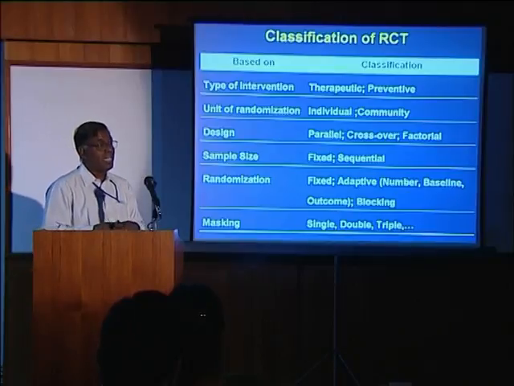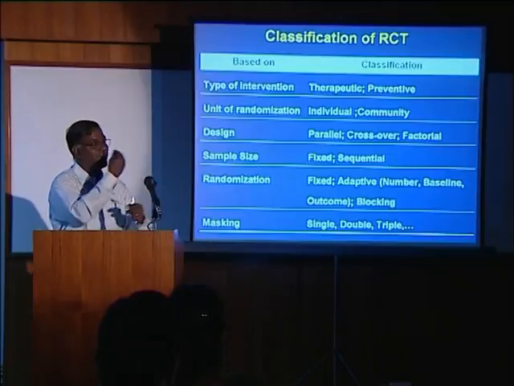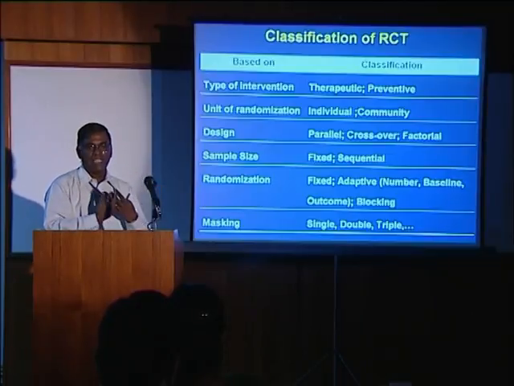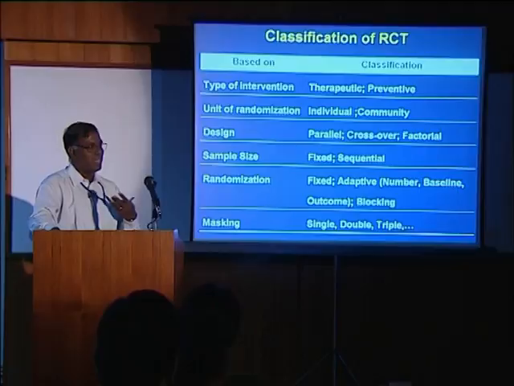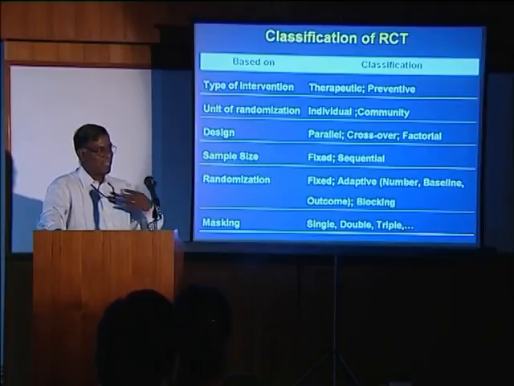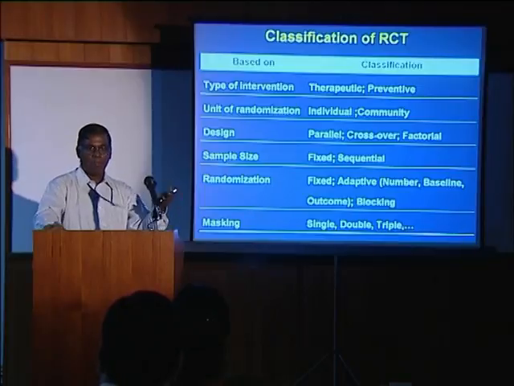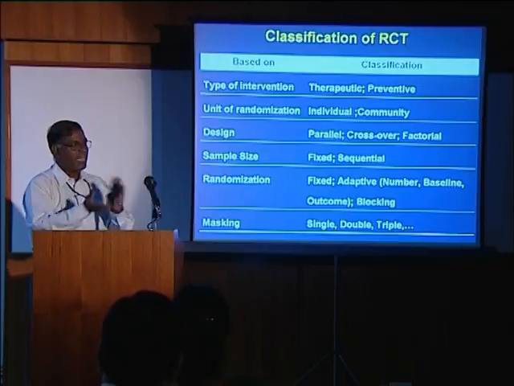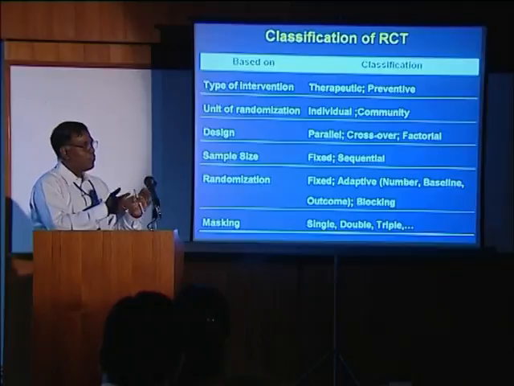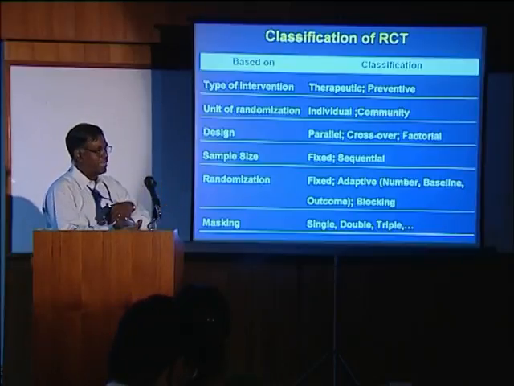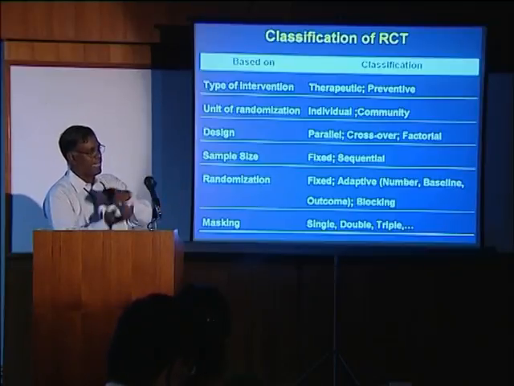Crossover is where the same patient is given one drug once and then another drug again. For example, in the treatment of asthma, which is recurrent, the first time I am given this drug, the second bout I am given a different drug. So within a patient I can have A, B, and I can randomize that. For some I can give A first and then B next, for some I can give B first and then A next.